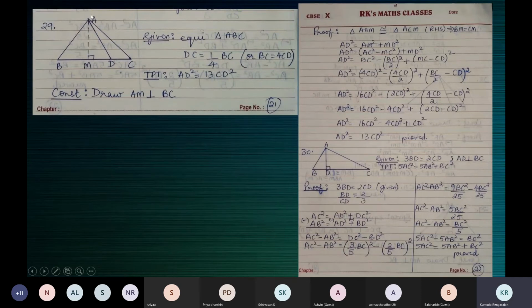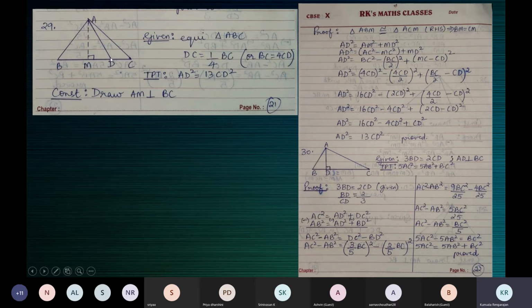AM is the altitude and M is the midpoint of BC. So BM is half of BC, and MC is also half of BC, while CD is only 1/4.